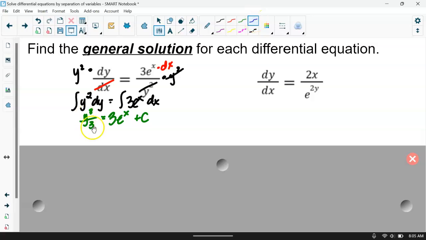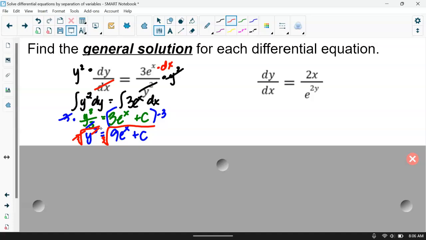Now notice, same as before, we're dividing by 3, so multiply by 3. That means y cubed is equal to 9, from distributing my 3, e to the x plus c. Then here, cube root. And because it's an odd function, no plus or minus is needed.